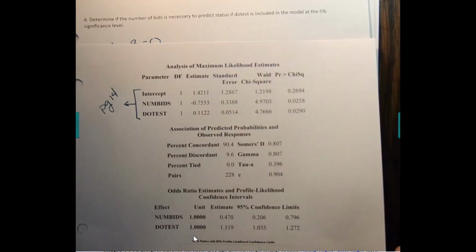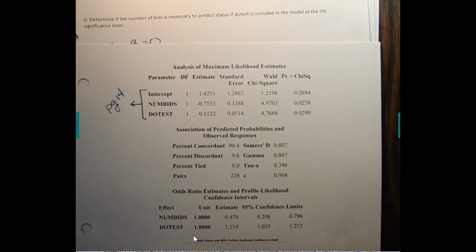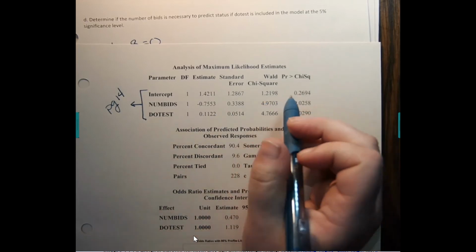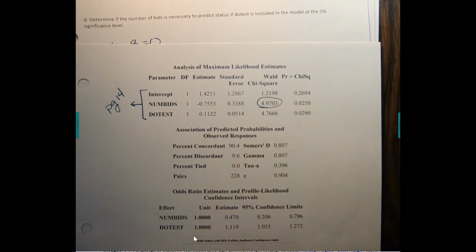So the first thing we're going to do is look at the SAS output. This is on page 7 of the SAS output. Notice next to num bids there is a chi-square test, which in this case is 4.9703.